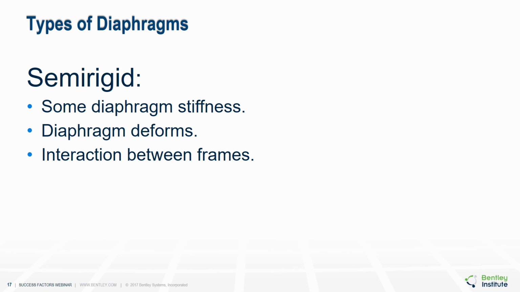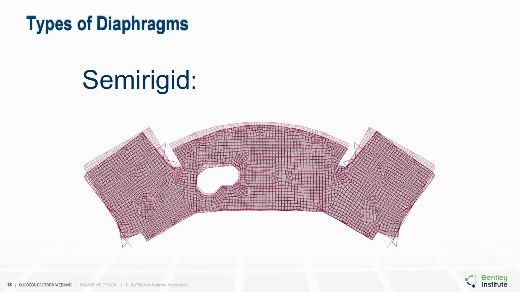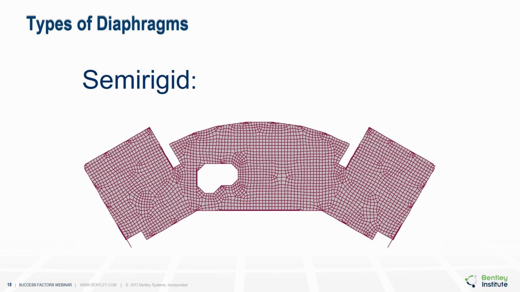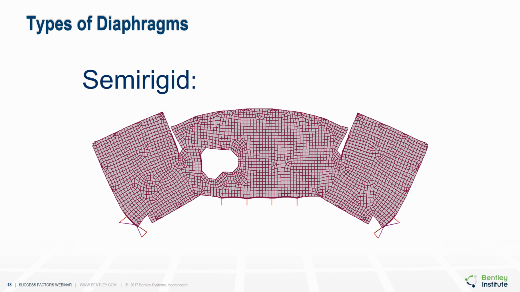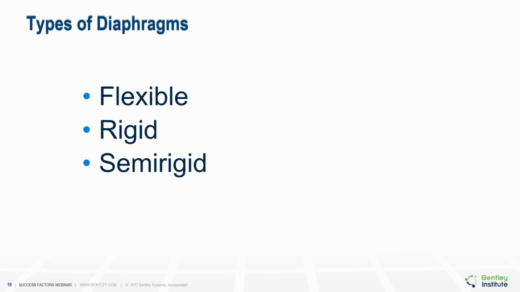The behavior of this type of diaphragm is something between that of the rigid diaphragm and the flexible diaphragm. So a semi-rigid diaphragm not only displaces and rotates, but also deforms. So these are the three types of diaphragms analytically: flexible, rigid, and semi-rigid.